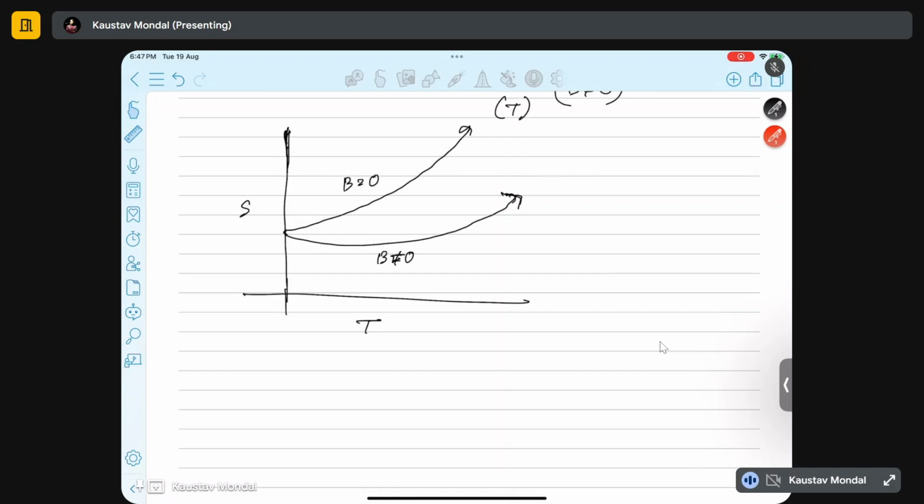Okay. So basically, let's suppose we start from a system that is at point A. Now we want to shift the system to a very low temperature state. How can we do that? We will first do isothermal magnetization.